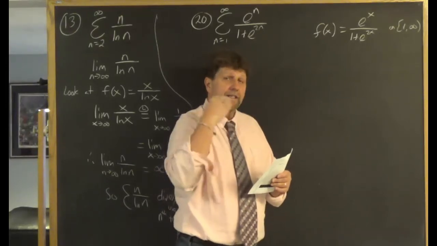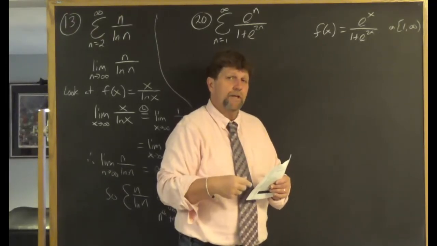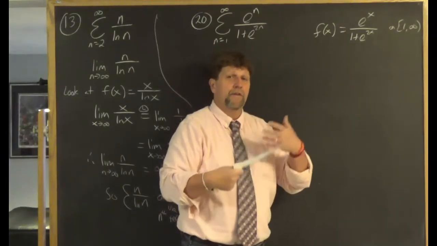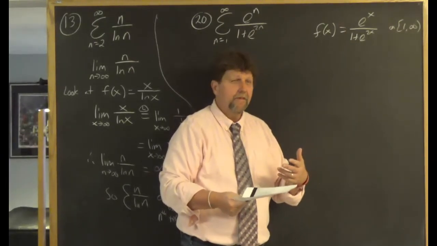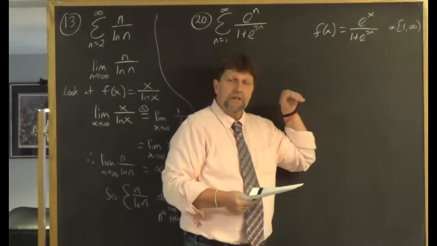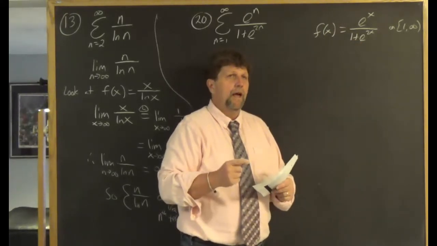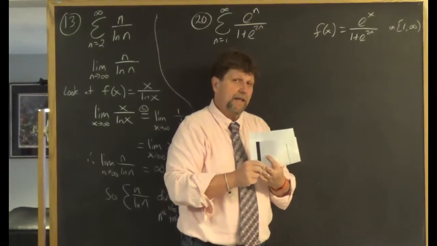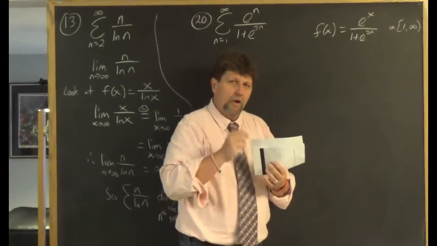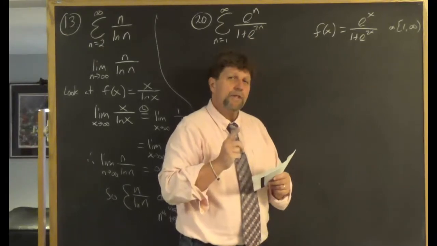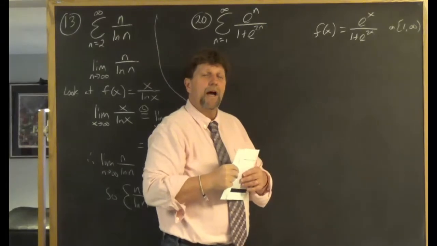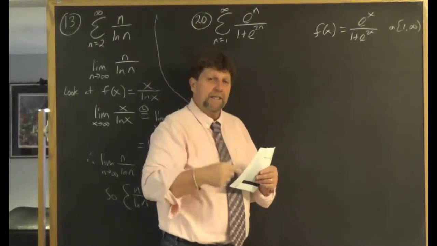And to show that it's decreasing on the interval 1 to infinity, I would get the derivative and let the fact that the derivative is negative tell me that the function's decreasing. So it's positive, continuous, decreasing, sounds like a candidate for the integral test, which I initially thought was a good idea here because I consider it easy to integrate.